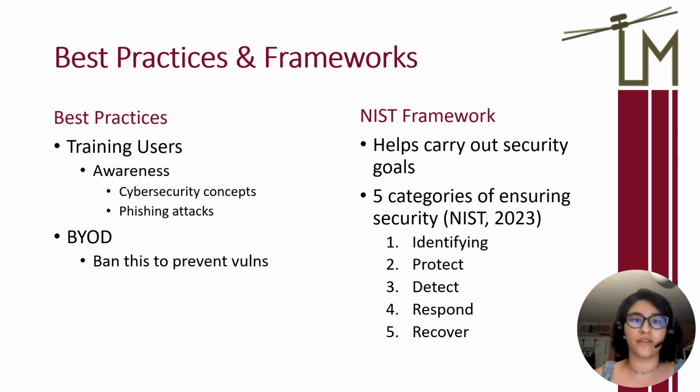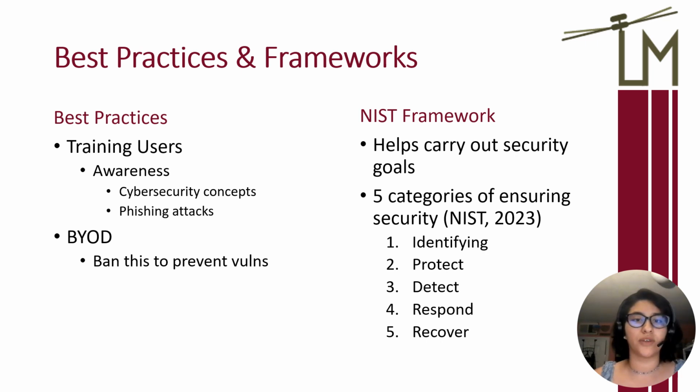Even with all of this, there are additional best practices and frameworks that can be incorporated within a security roadmap, such as training users in security topics and keeping them informed to be wary about attacks directed towards them, like phishing attacks, and how to react to them, as well as keeping them informed in general cybersecurity topics. Additionally, BYOD, or bring your own device, can be banned to prevent vulnerabilities from entering the network through that form.